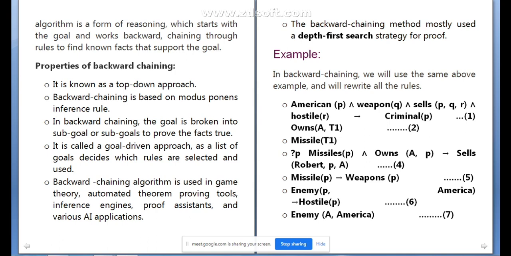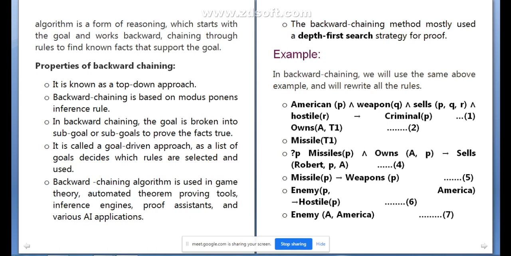So backward chaining is based on the modus ponens inference rule. We have seen the modus ponens inference rule. What is that modus ponens inference rule? Anyone? If you have an idea about the modus ponens rule, can anyone tell me? If P and P implies Q is true, then Q is true.